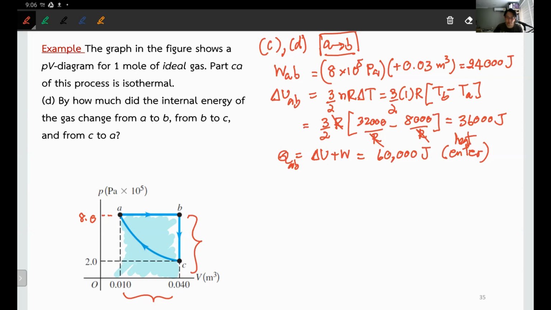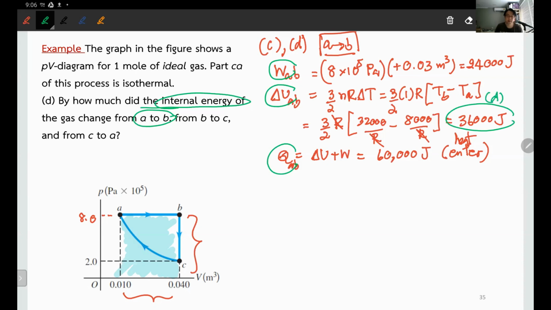That's why, as I said, when you do this analysis from one point to another point, you get these three terms: W, delta U, and Q. These are the main three things in the first law of thermodynamics. And this allows you to answer the question, what is the internal energy change from A to B? It's already right here. That's for part D. That's done. So from A to B, the internal energy change is positive 36,000 joule.